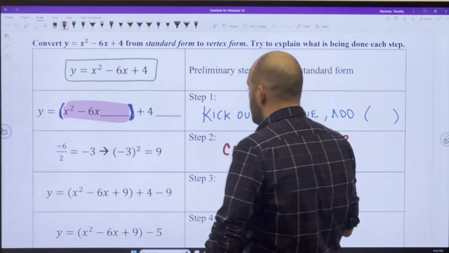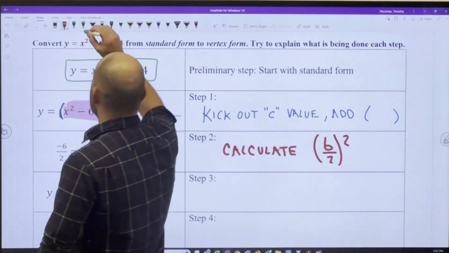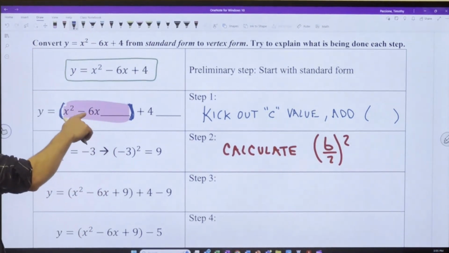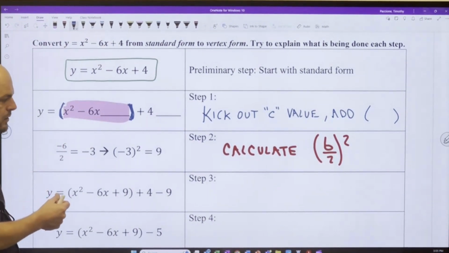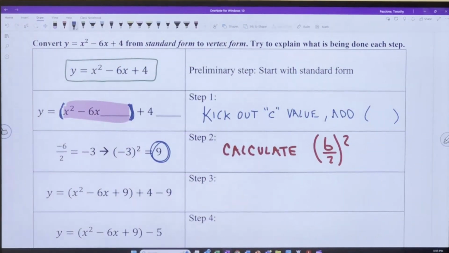And again, this is not always something that you have to actually write out. Sometimes you can just do it in your head, right? Because if I look at this, well, what's b in the original? What's that divided by 2? What's that squared? 9. So that's what we got when we calculated it, right? b divided by 2 squared is 9.